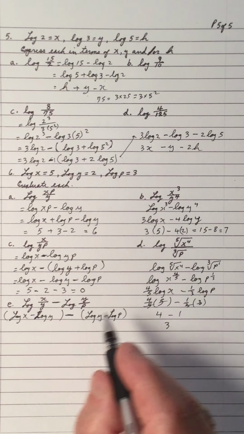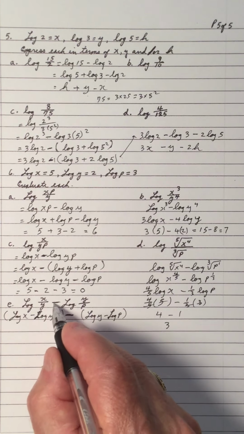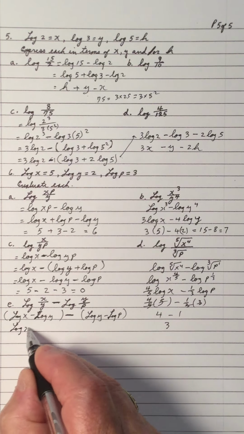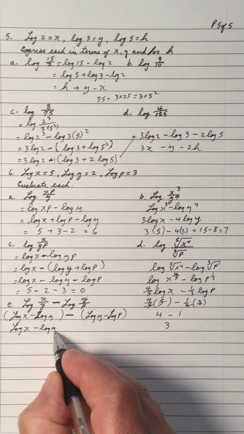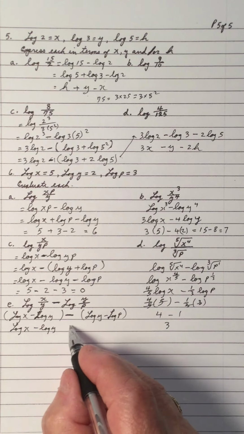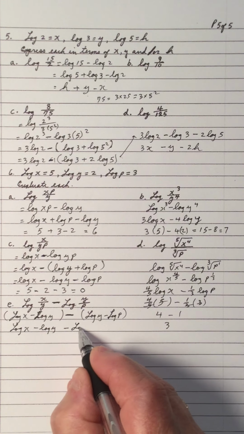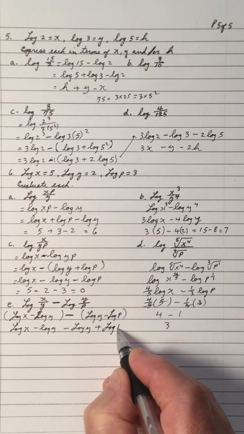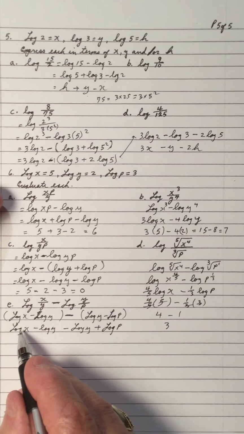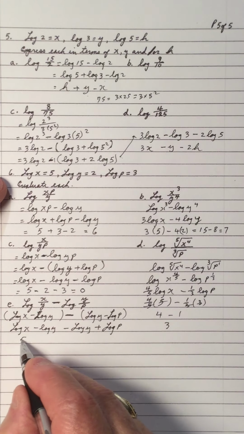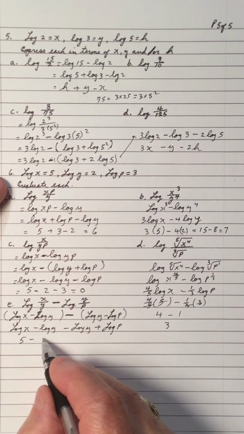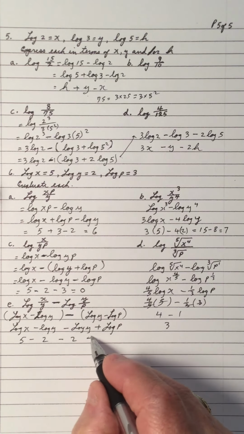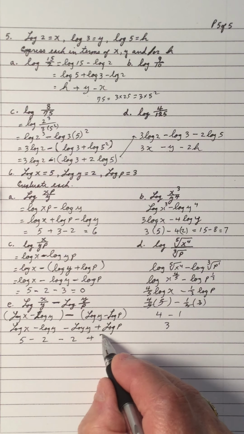Again, division is a subtraction, and that negative stays right here. I did divisions first. So this is the log of x subtract the log of y. And the subtraction of these two makes this a negative log y and a positive log p. So the log of x is 5, minus the log of y, which is 2, minus the log of y, which is 2, plus the log of p, which is 3.